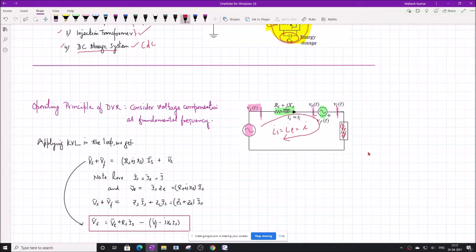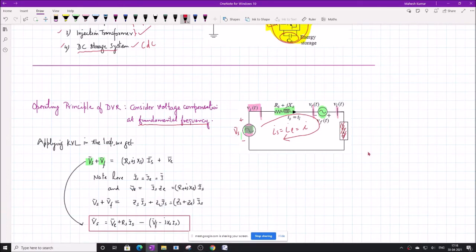Now if we write the Kirchhoff voltage law for this circuit, it is given as VS, this is minus, this is plus, so this is VS. We can write it in phasor form because we are only considering the fundamental frequency here. We are not considering harmonics right now. So with the fundamental frequency, we can write that VS plus VF, this plus this, because this is a rise, this is minus to plus.